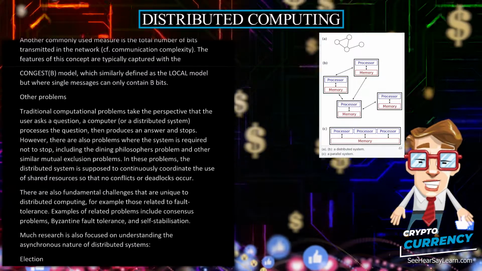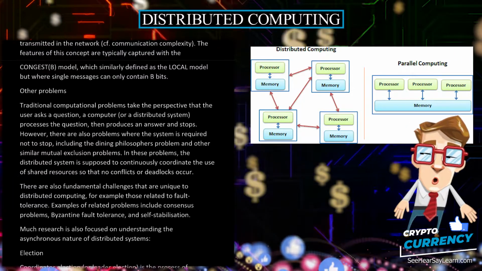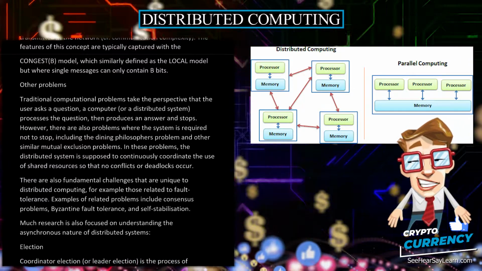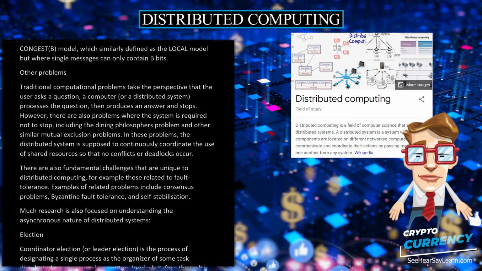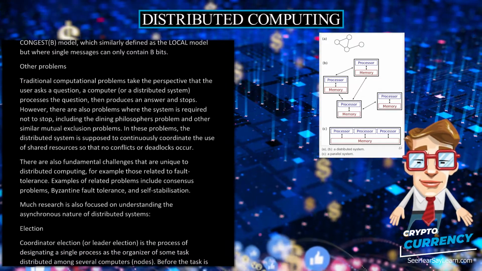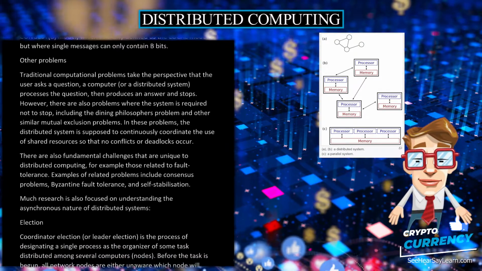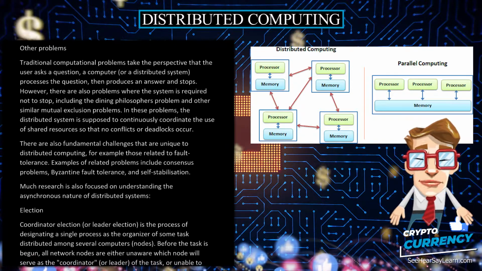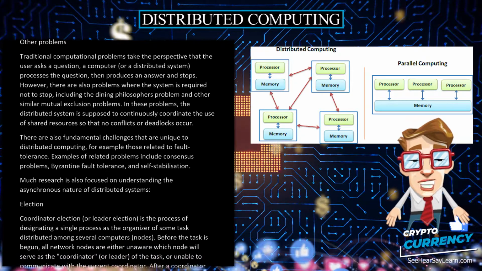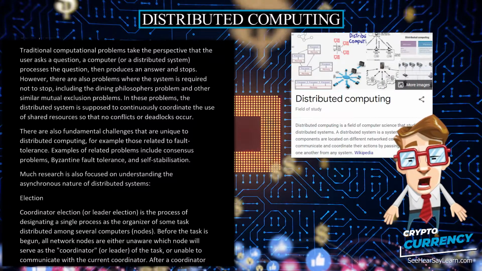There are also fundamental challenges that are unique to distributed computing, for example those related to fault tolerance. Examples of related problems include consensus problems, Byzantine fault tolerance, and self-stabilization. Much research is also focused on understanding the asynchronous nature of distributed systems.